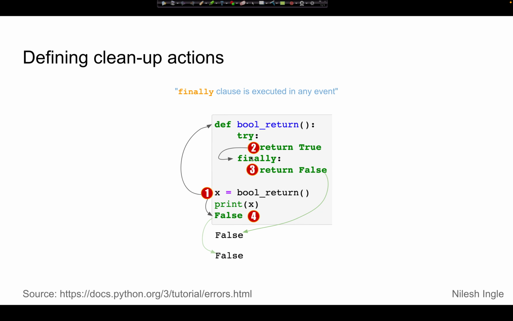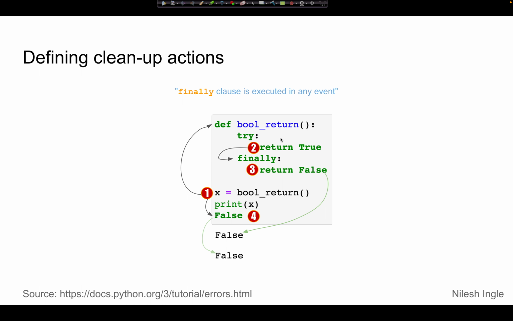Next, here is another example of the finally block, which is to tell that the finally clause is executed in any event. So here we have the try block and the finally block.